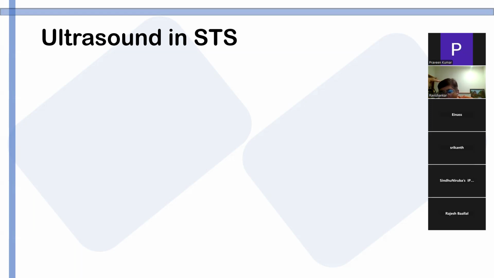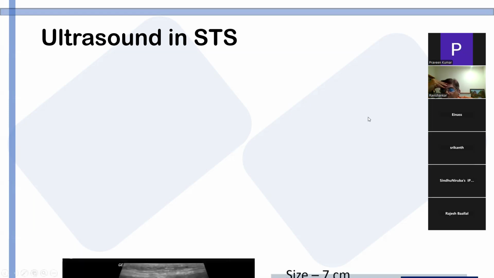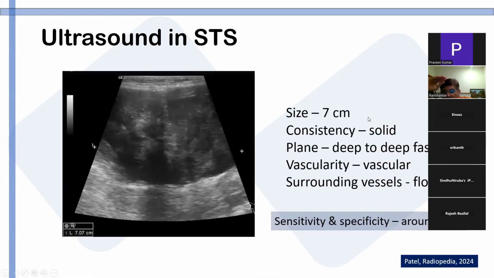Now, how sensitive or specific do you think ultrasound is? About 70%, sir. Sensitive, all right, I'll buy that. I have given the description that is classically given in a soft tissue tumor ultrasound. Focus on the left side of all these findings: size, consistency, plane, vascularity, and surrounding vessels, the neurovascular bundle.